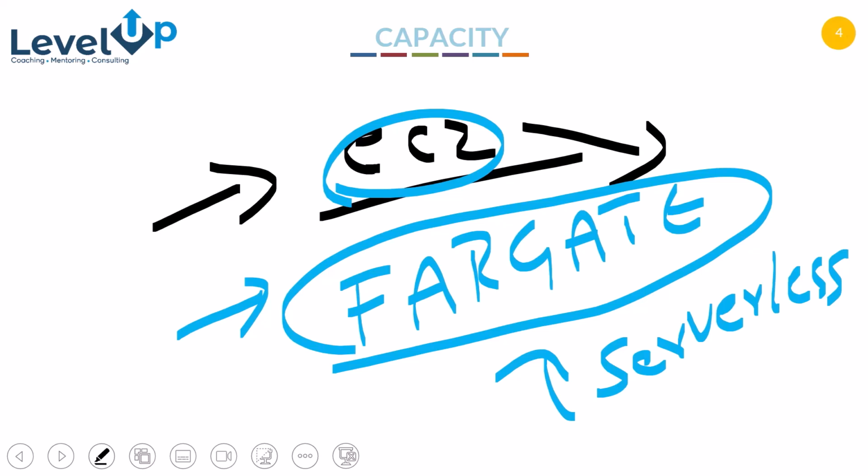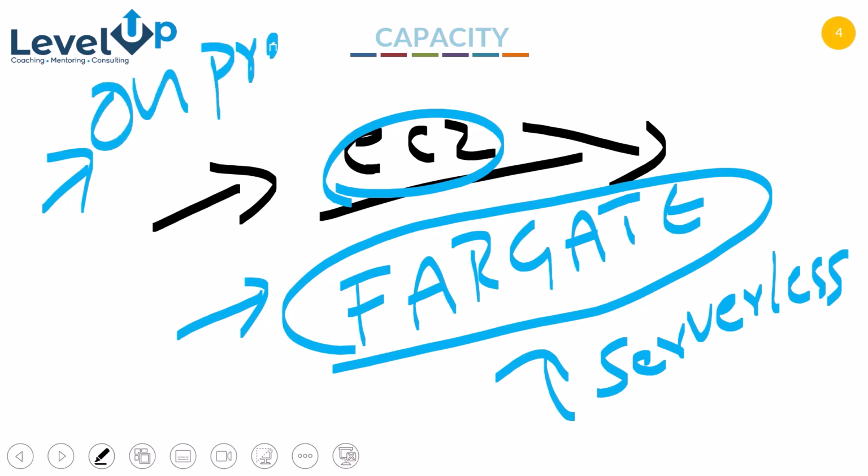So if you want to launch containers on the ECS service, one of the capacity options you can choose is by creating EC2 instances. Second is Fargate, which is serverless. And the third one, we can call it on-prem. What does that mean?